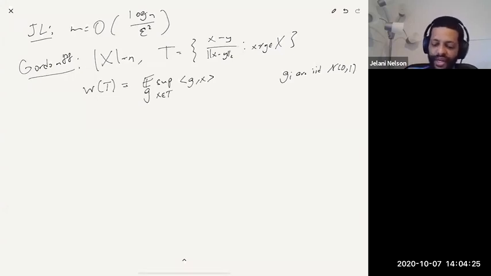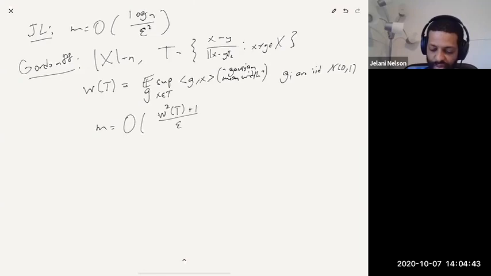This is called the Gaussian mean width. And Gordon said that it's enough to choose m to be big O of the squared width of T, plus log n, over epsilon squared.